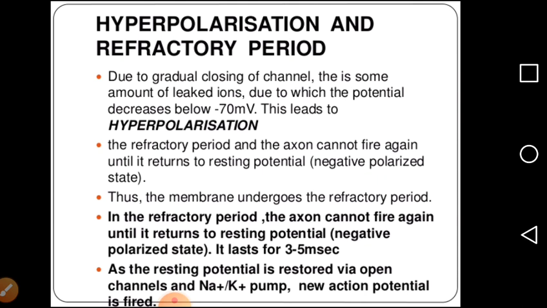So there is a refractory period in which axons do not fire until the potential comes back to the resting potential. It normally lasts for 3 to 5 milliseconds. As the resting potential is restored via open channels and the sodium potassium pump, now a new action potential can be fired.